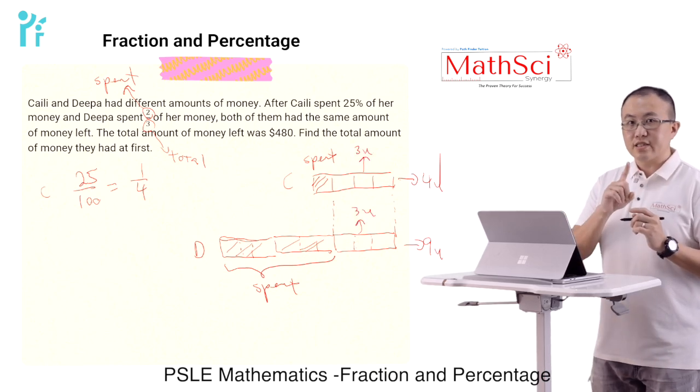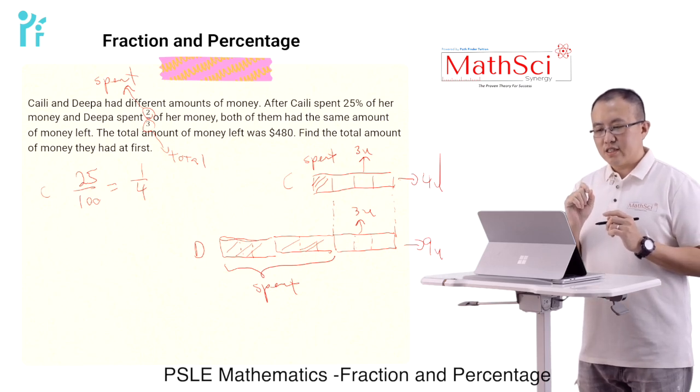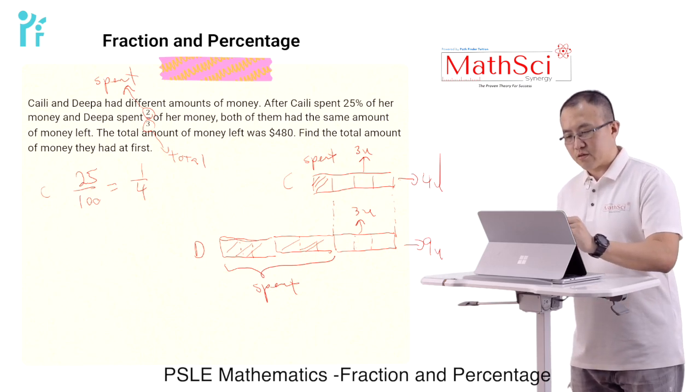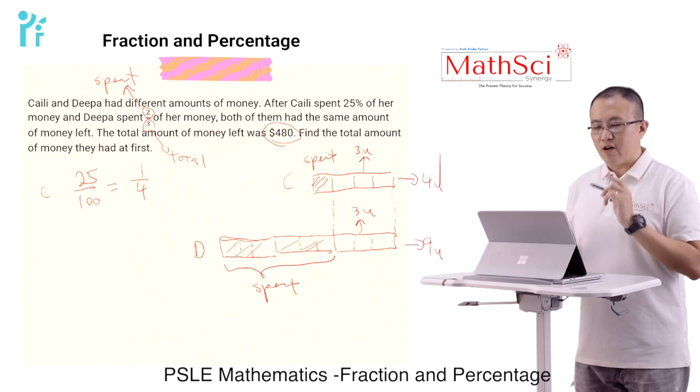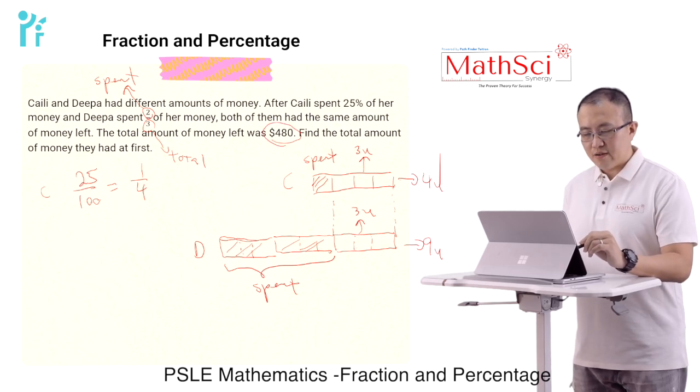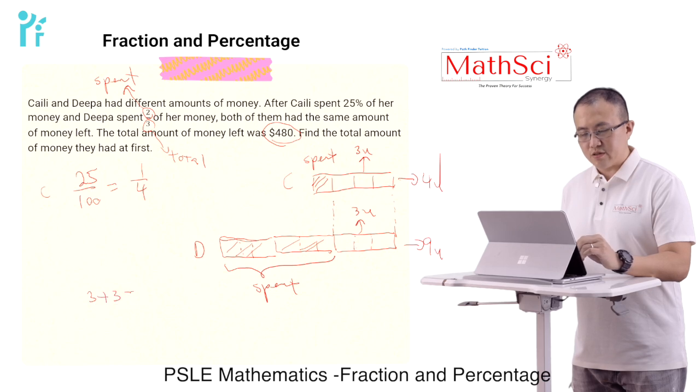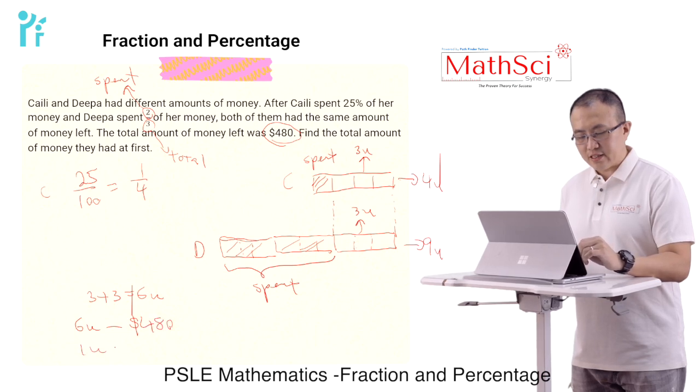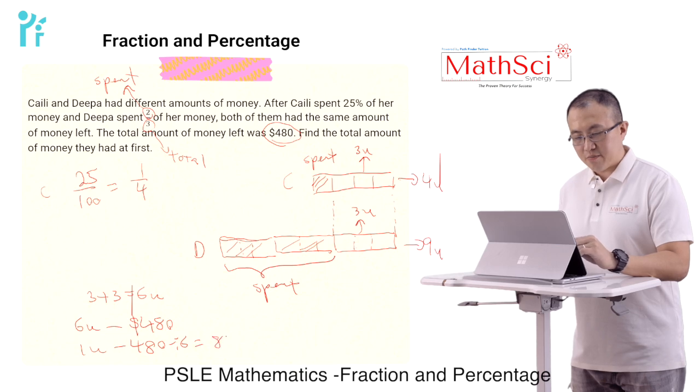Why is knowing this important? Because this can help us link back to this quantity here, the $480. So if I add the units together, 3 plus 3 will be equal to 6 units. So 6 units will be $480. So 1 unit will be 480 divided by 6, which gives us $80 per unit.